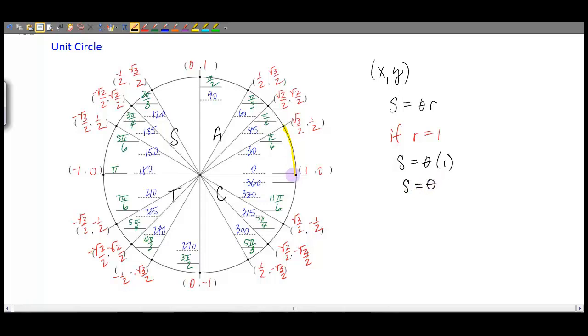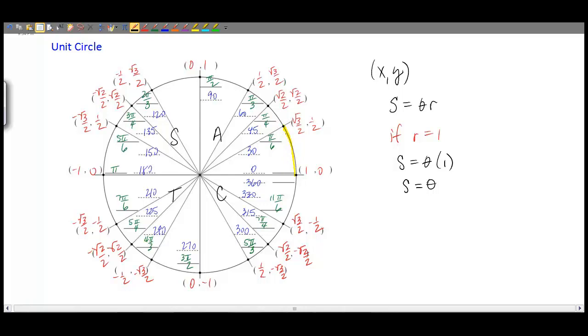So this arc length would be pi over 6, because that is the radian measure of this angle generated by shifting this point along that yellow line.